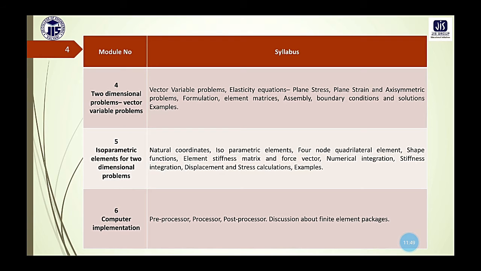Here the syllabus in the fourth module is the vector variable problems, then elasticity equations, then plane stress, plane strain, axisymmetric problems, formulation, then element matrices, assembly, boundary conditions, and solutions examples. So this is the syllabus under the fourth module of vector variable problem in case of the two-dimensional analysis.